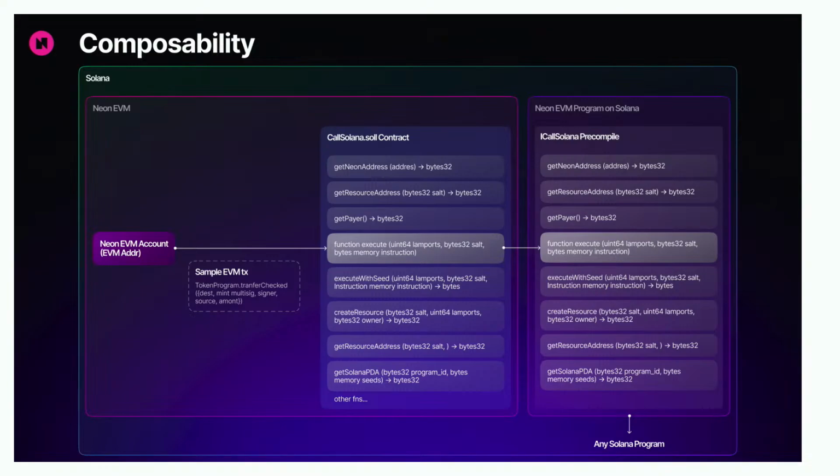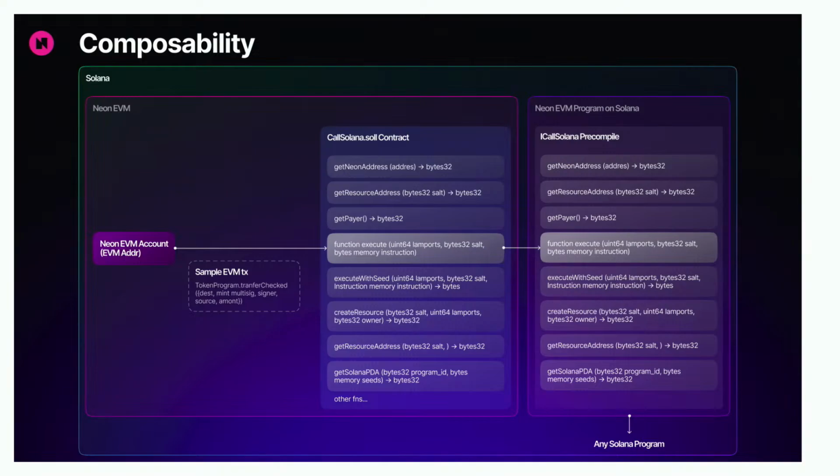So it actually happens like this: on Neon EVM, you have a Neon EVM address, and you will have a Solana interface contract in Solidity, which can call an already existing precompile inside Solana's virtual machine. That precompile has all the required functions which you need to call from the Solidity contract.